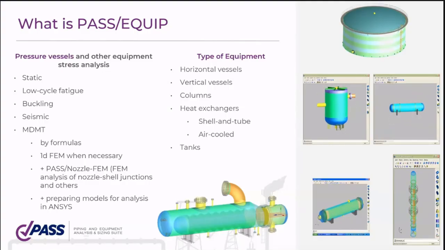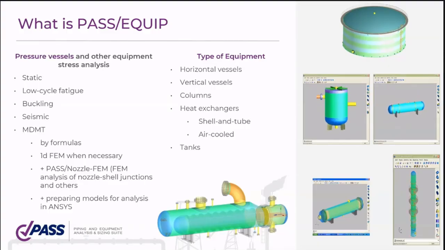And this software is accompanied by PaaS Nozzle FEM for full-scale FEM analysis of nozzle-shell junctions and other non-standard elements. And in some rare cases, when it is very complex and we cannot address it inside our software, we also have a feature for automatically preparing a model for analysis in ANSYS, for frame roofs for tanks, for example.